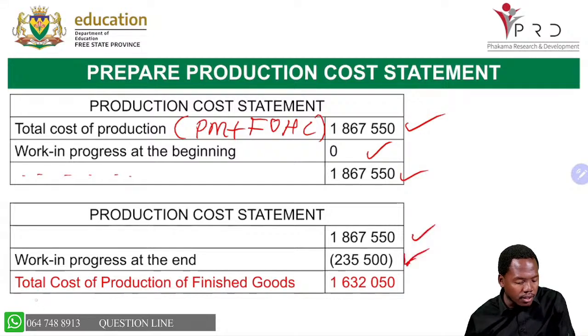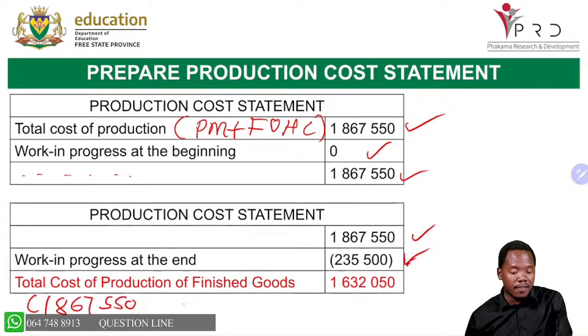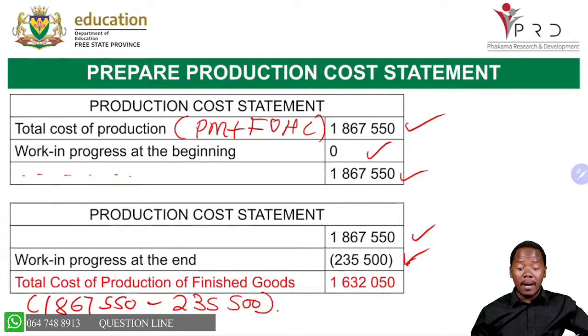How do we get total cost of finished goods? Remember, we say 1,867,550 minus 235,500. And then we get 1,632,050 rands.